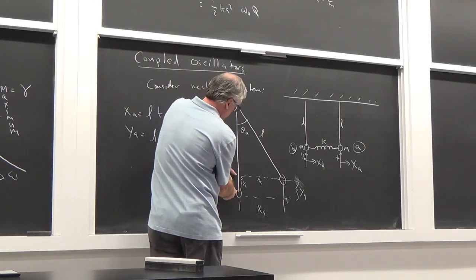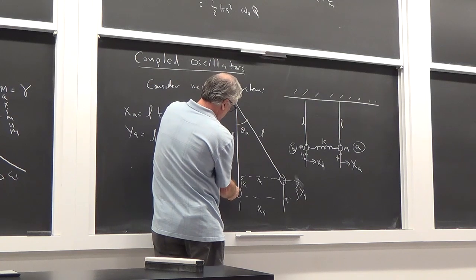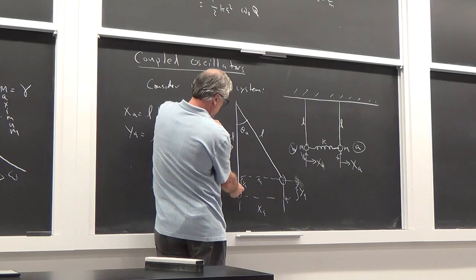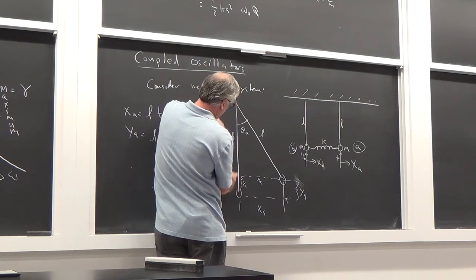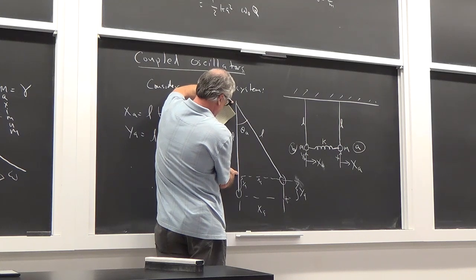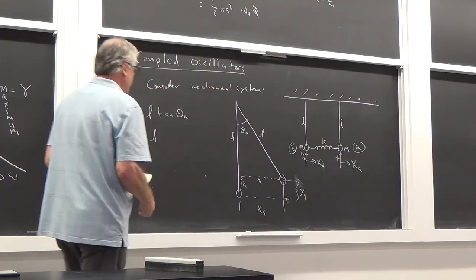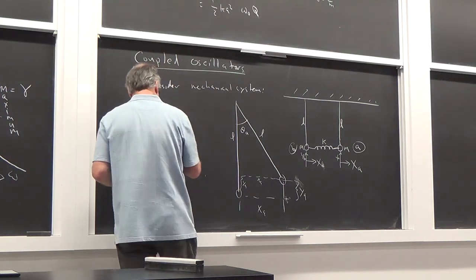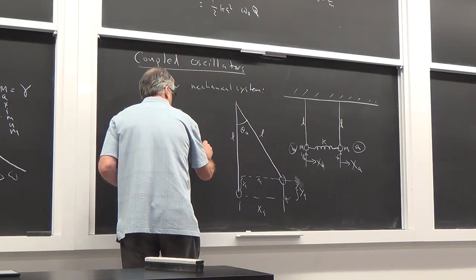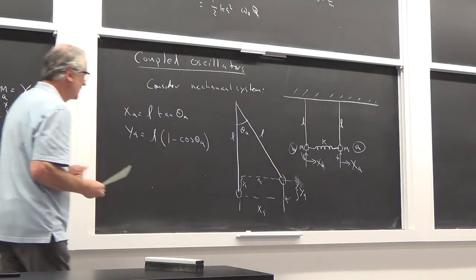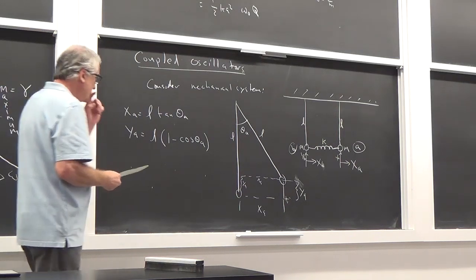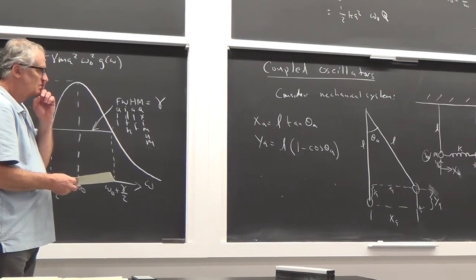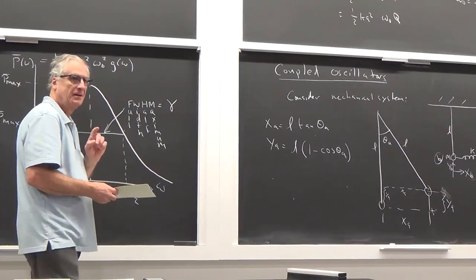It's L times, proportional to L, but it's 1 minus cosine theta sub A.